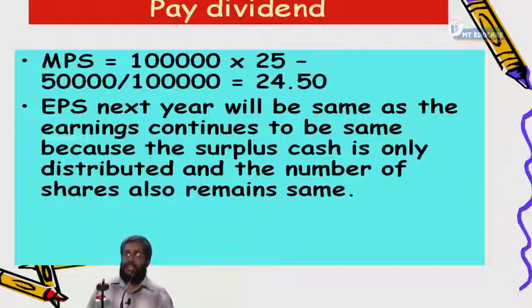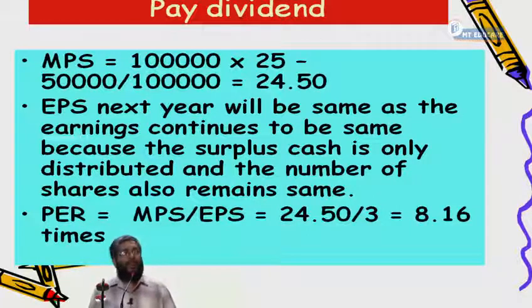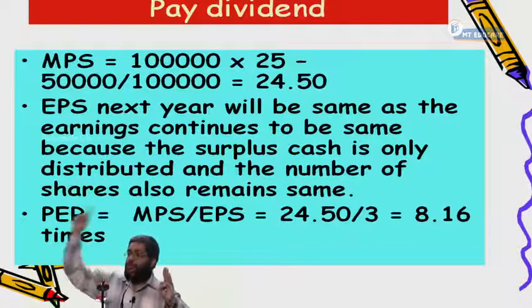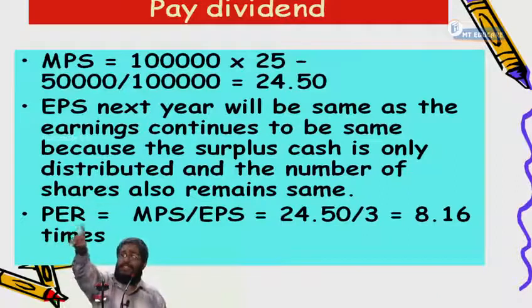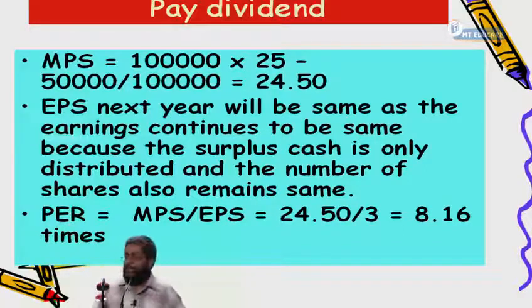Now what is the P/E ratio? MPS divided by EPS. The P/E ratio is 24.5 divided by 3, which gives 8.16 times. They ask you 3 questions in the workbook: MPS, EPS, P/E ratio. Due to the dividend declaration, will MPS change? Yes, MPS will drop. EPS will not change, it remains the same.